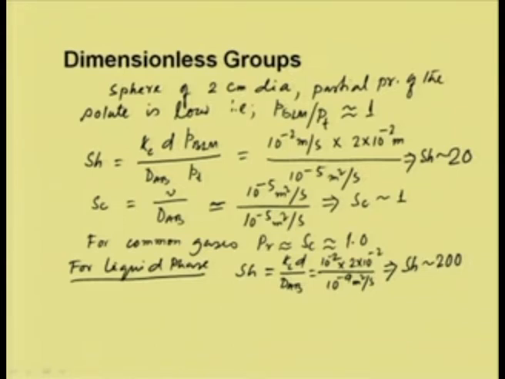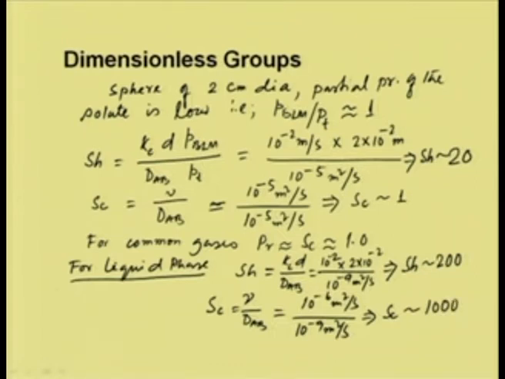and the Schmidt number in this case is nu by DAB, and in this case the nu is 10 to the power minus 6 meter square per second divided by the diffusivity value of 10 to the power minus 9 meter square per second, which leads to the Schmidt number being approximately equal to 1000.